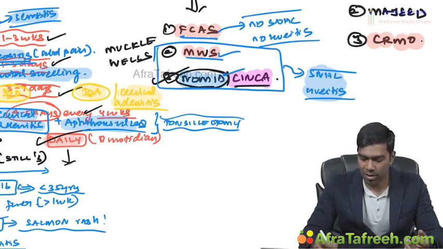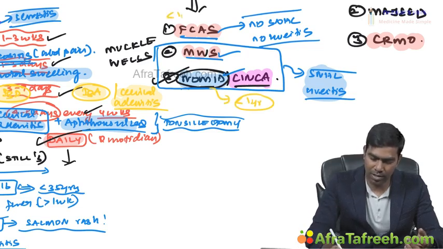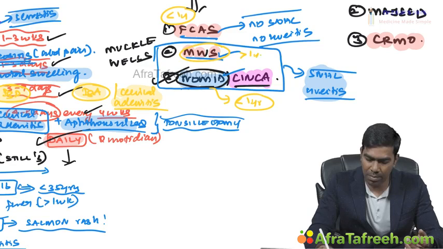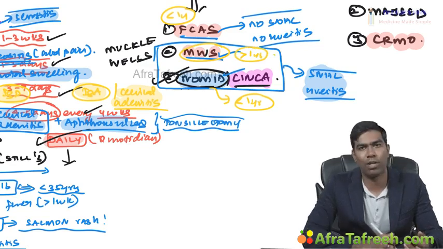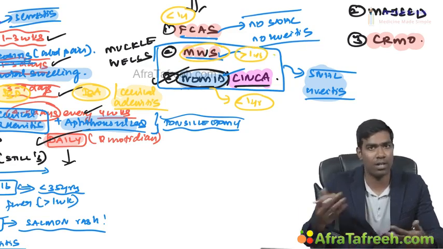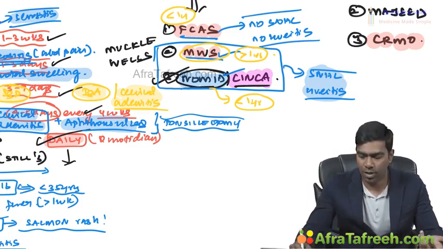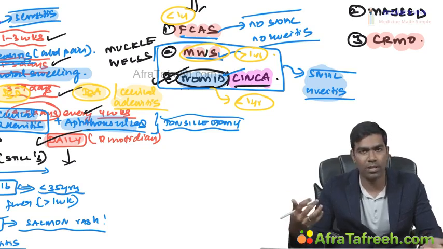Remember, typically NOMID is going to happen within 1 year of age. FCAS is also going to happen in infants less than 1 year of age. But Muckle-Wells typically happens in children or adults more than 1 year of age. It's not going to happen in infants, definitely. So that's one way of separating out Muckle-Wells and NOMID.